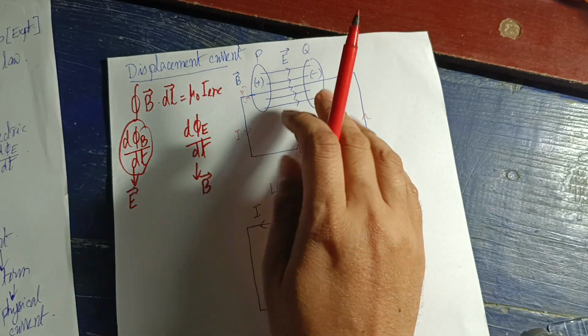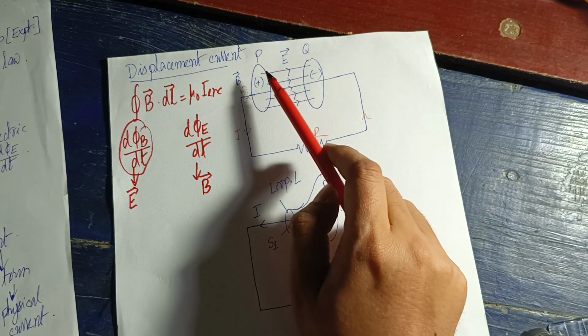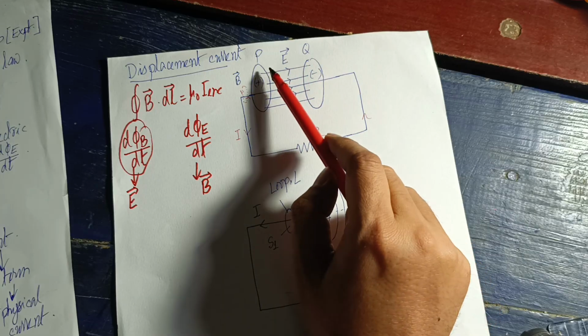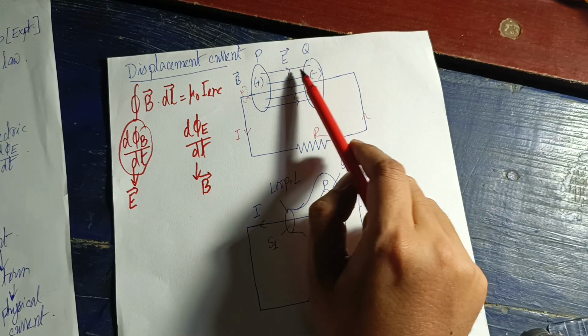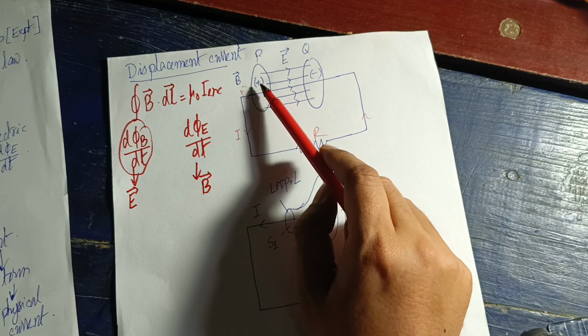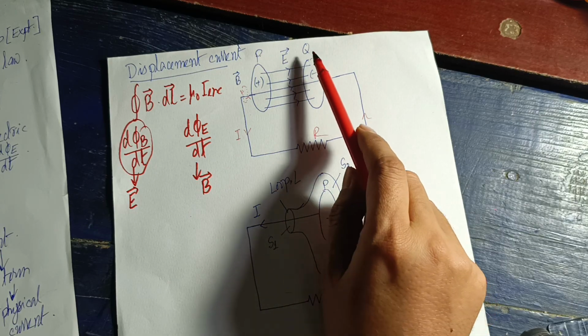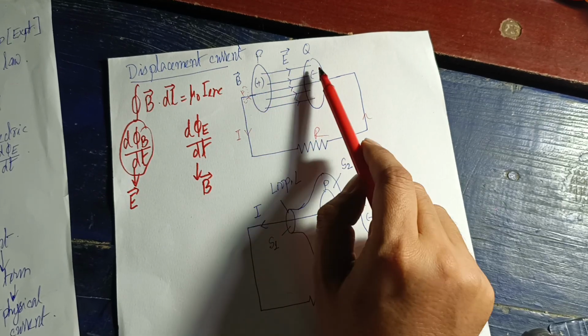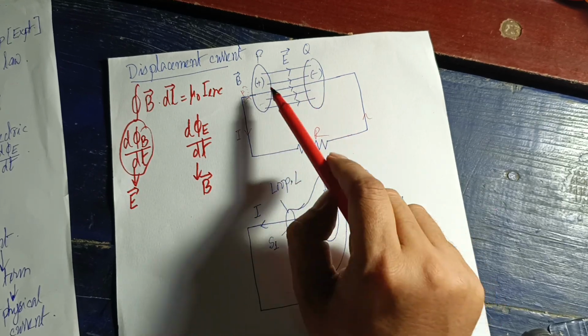So Maxwell took a charged capacitor. In this charged capacitor, this is the positive plate, I call it plate P, and this is the negative plate, I call it plate Q. Electric field exists between the plates of the capacitor.